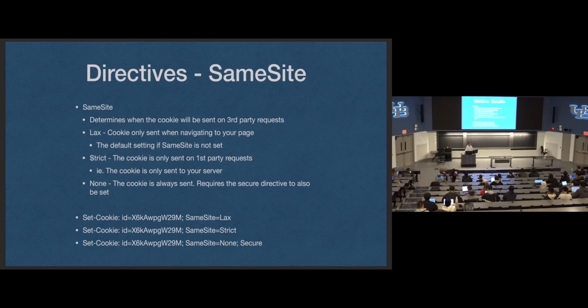So with strict, this cookie is only going to be sent on first party requests. That means it's only going to be sent on requests to the domain that set the cookie.